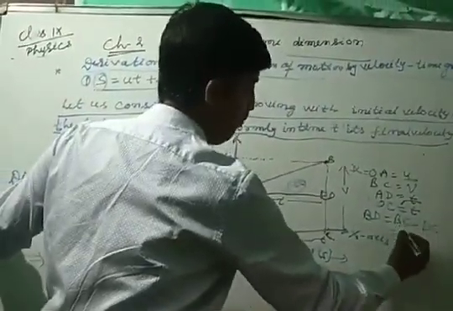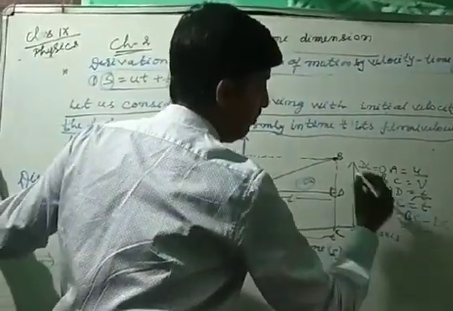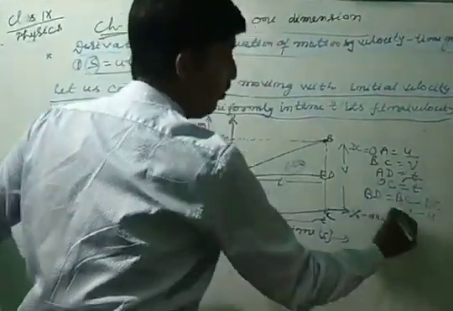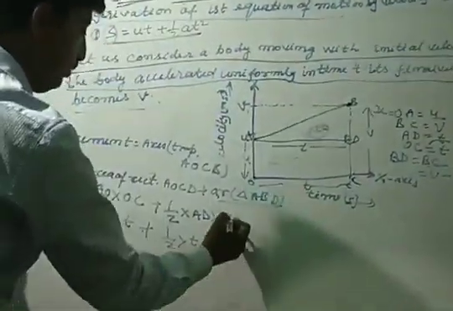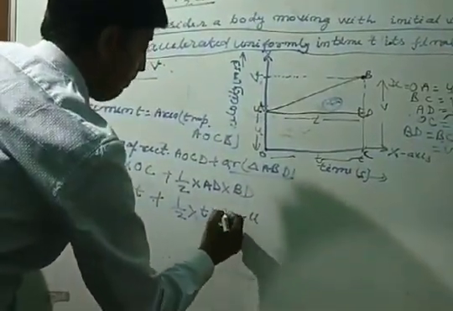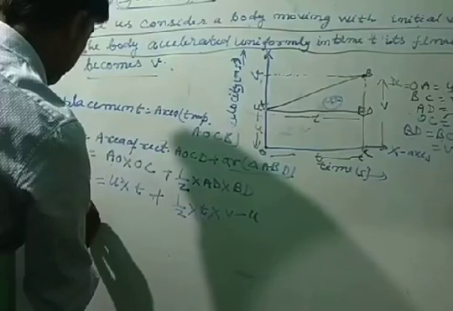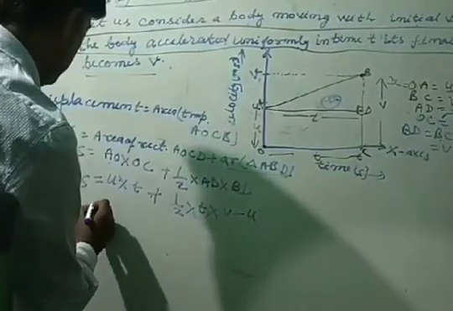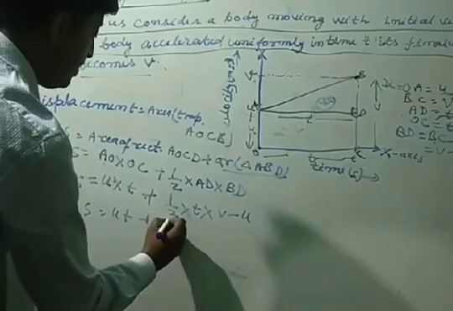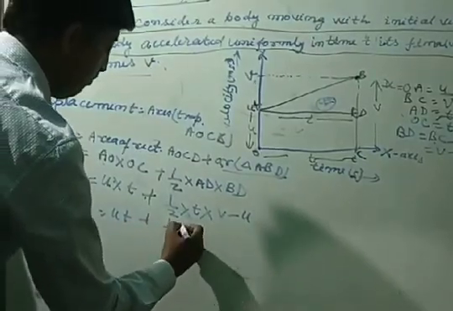The value of BC is V and the value of DC is U. So the value of BD is equal to V minus U. So S is equal to U into T, UT, plus half into T.